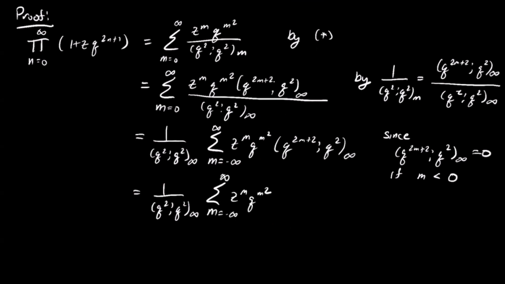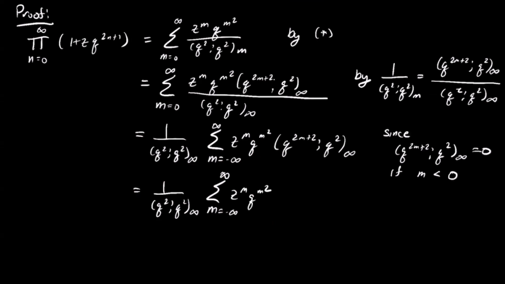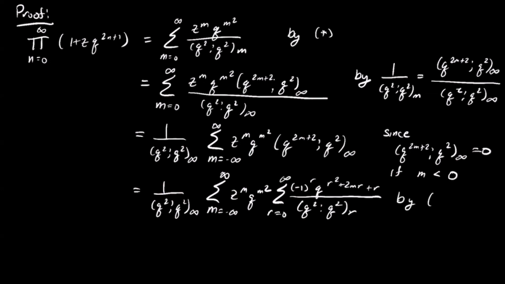And now when I use equation star star to rewrite this q-Pochhammer symbol, I'm going to get the sum of (-1)^r q^(r squared plus 2mr plus r) divided by (q squared; q squared) sub r, and r is going to go from 0 to infinity. So I'm using equation star star to do this. All right, this is equation star star that's getting me here.